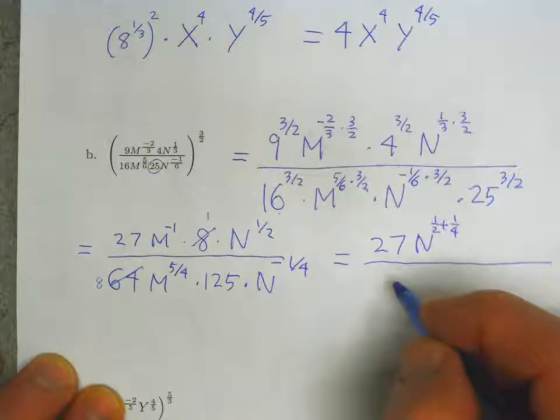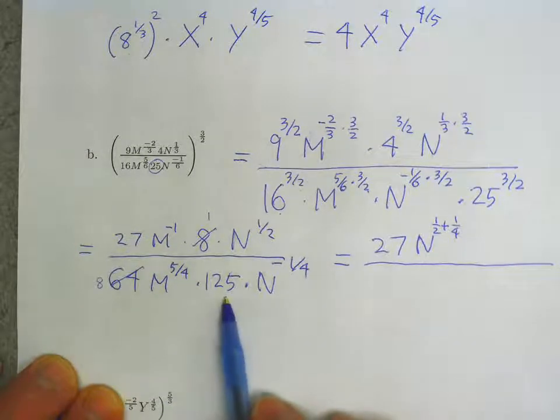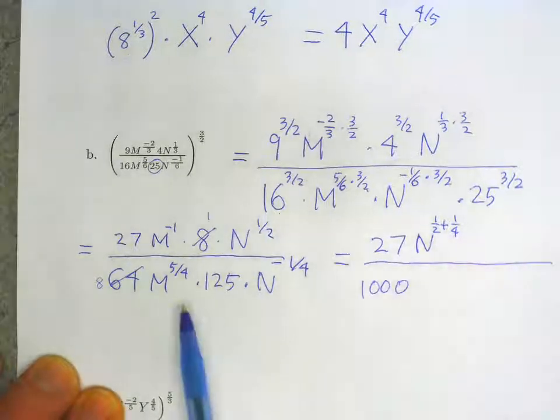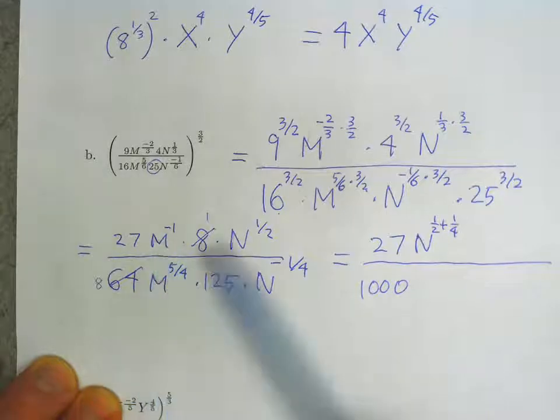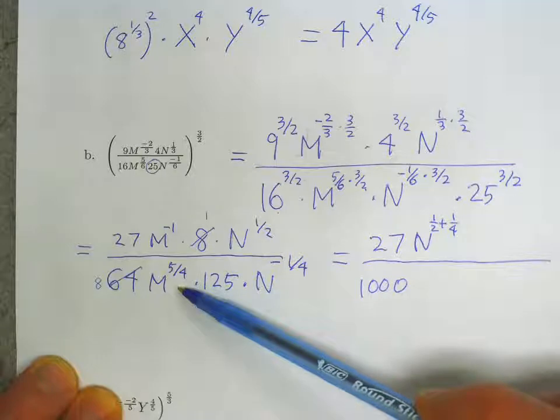And then in the denominator, we have 8 times 125, but that's just 1,000. And then the variable m, that's the only thing we have left. In the numerator, we have m to the negative 1, and in the denominator, we have m to the 5/4.